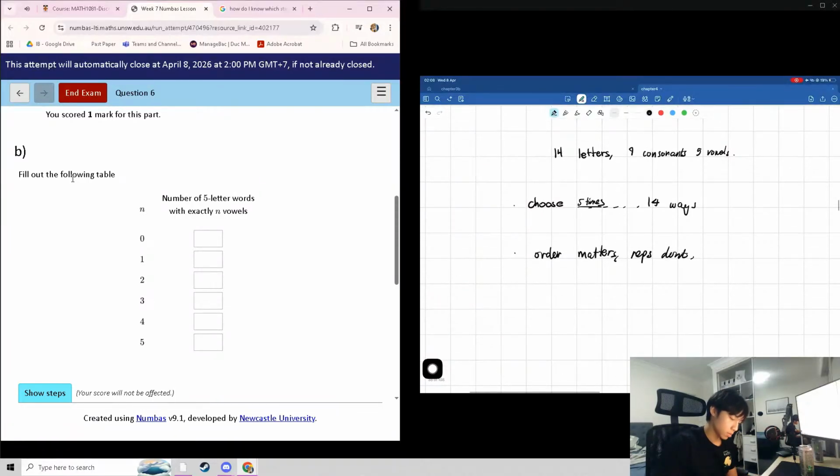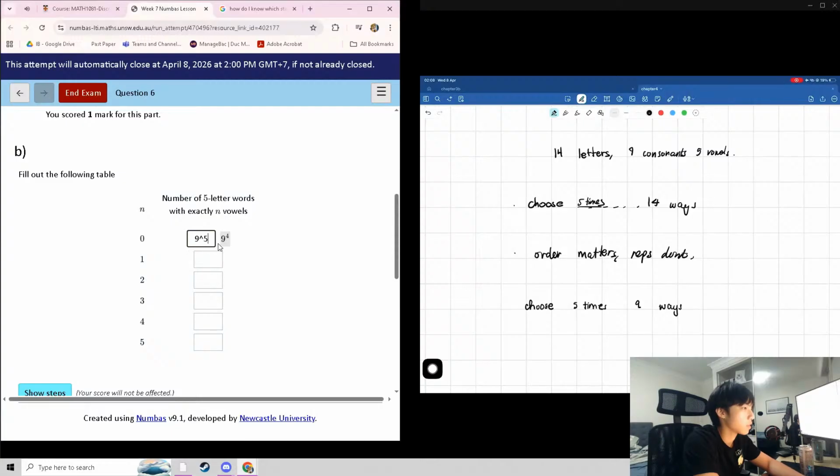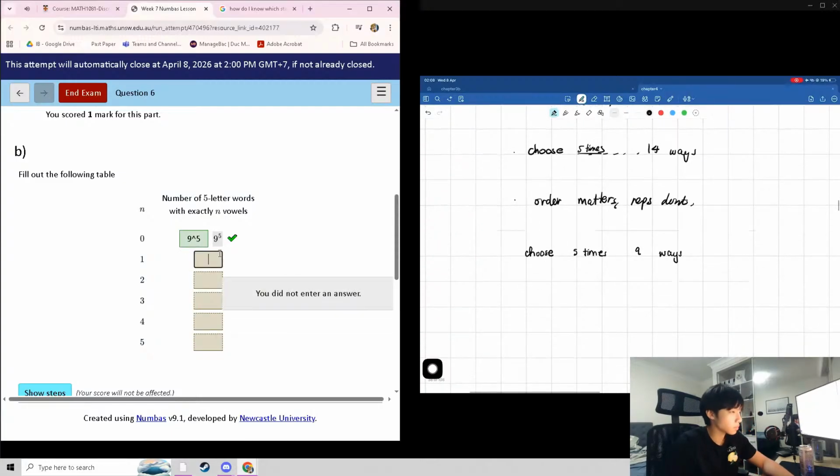Right? Number of 5-letter words with exactly n vowels. So choose 5 times 9 ways. So that's consonants. 9 to the 5th. Right?